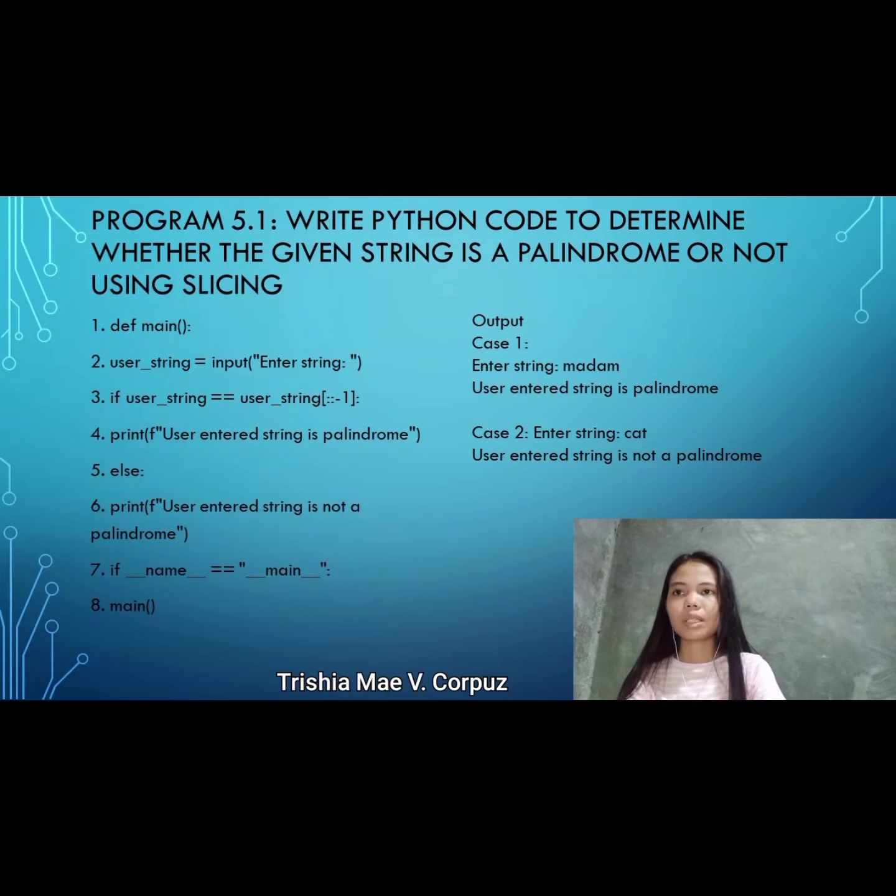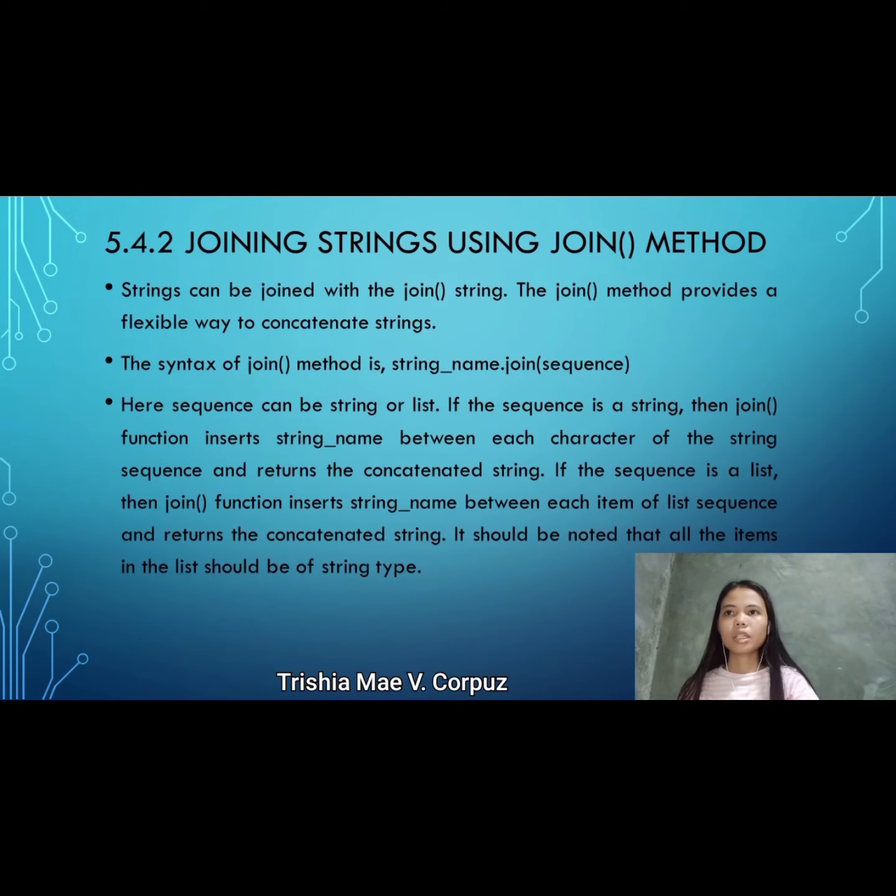Pag in-spell mo kasi yan backward, madam din ang kakalabasan. Dito sa pangalawa naman, ang in-enter ay cat. Ang dinisplay niya, user entered string is not a palindrome kasi pag in-spell mo yan backward, hindi cat ang lalabas, kundi tac.